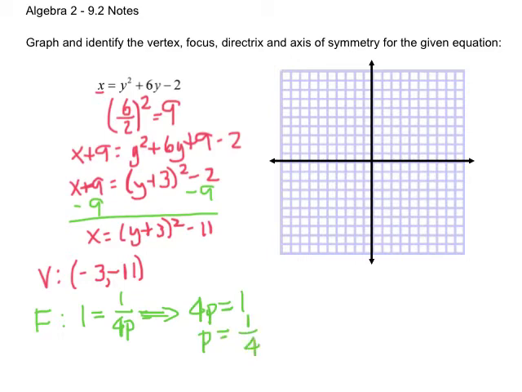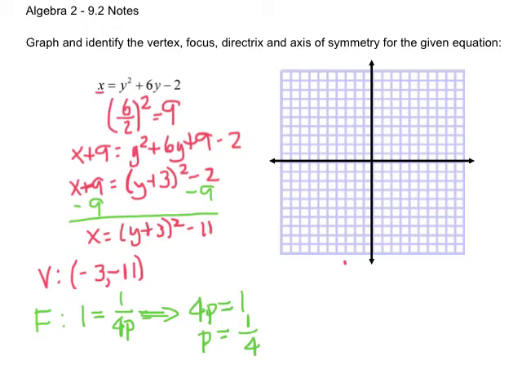And if p is equal to 1/4, that's how far I have to move from my vertex to my focus. I'm at the point -3, -11, which is right off my graph here because my graph has 10 units on it. And since this graph is positive, it's going to open to the right.